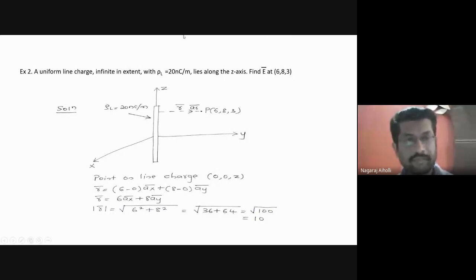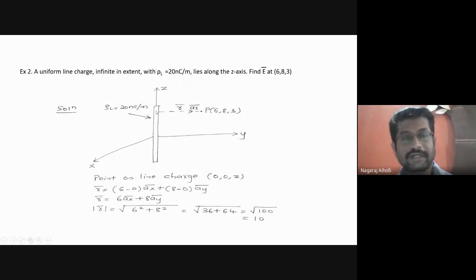It is a charge lying on a line, an infinite line charge. And they have given the line charge density, rho L equal to 20 nanocoulomb per meter, that is Q by L, charge per unit length. It lies along the z-axis.